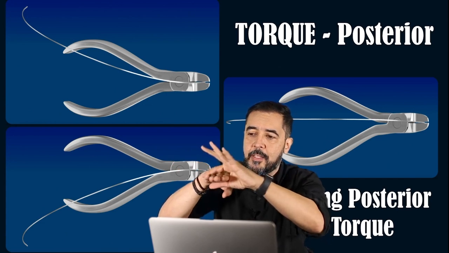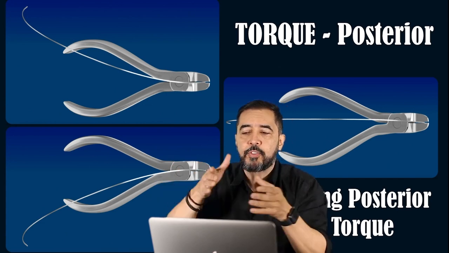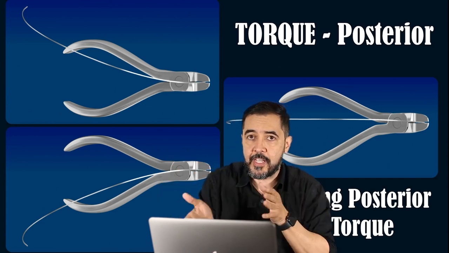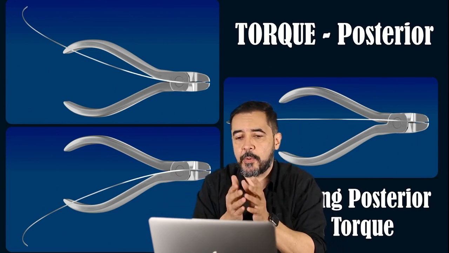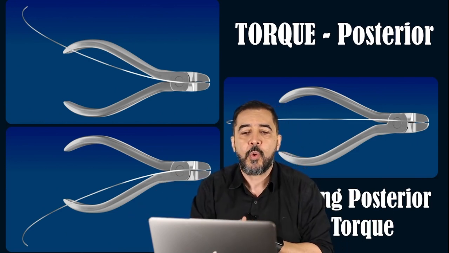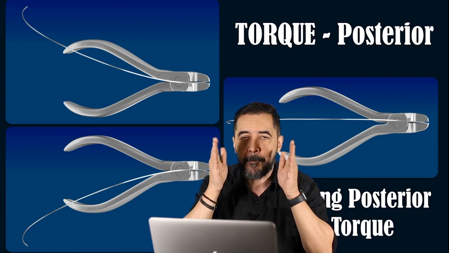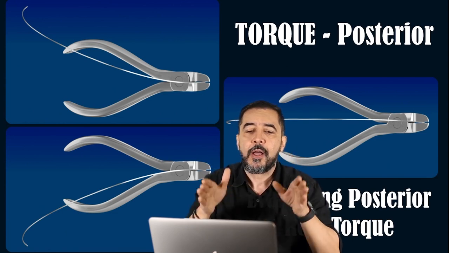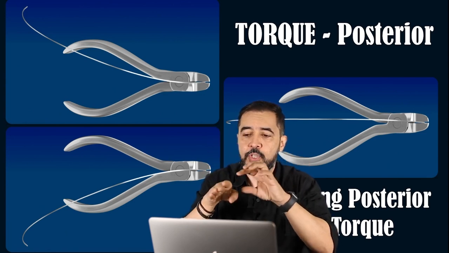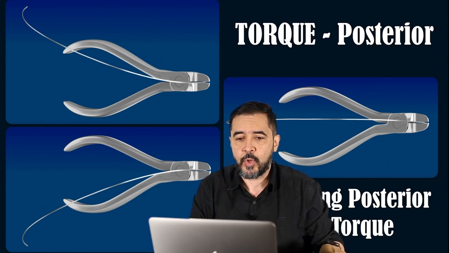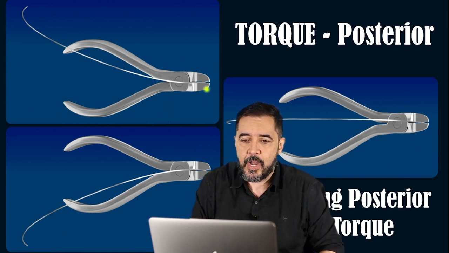So this is something that tends to incline those teeth in a buccal direction, towards buccal, okay? So this is why we call it a posterior real positive torque. So this is for the upper arch.